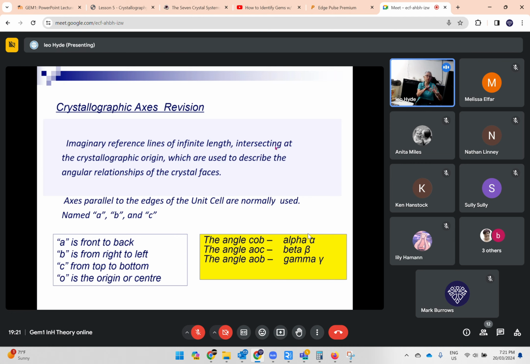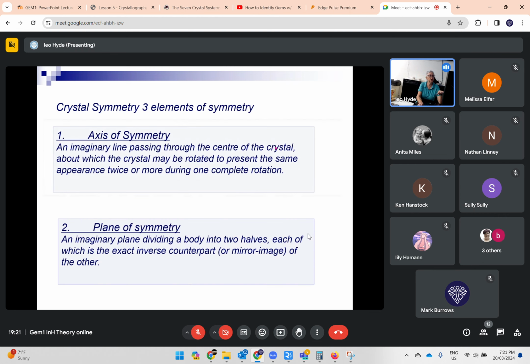Okay, just quick revision, then it's frog time. Okay, this is stuff that you just need to know, because this is where your eyes will roll, and you'll decide that you hate crystallography, but this is a very small part of it. And after Gem 1, you don't have to remember it. Just this year.